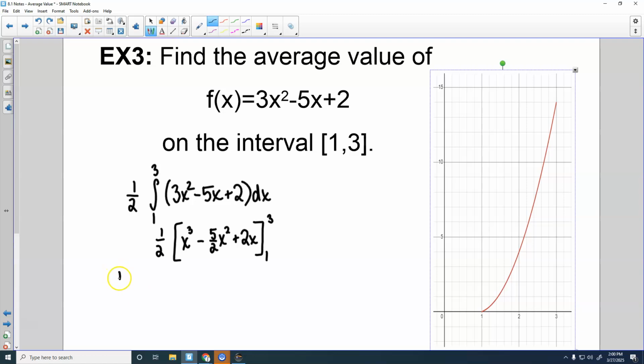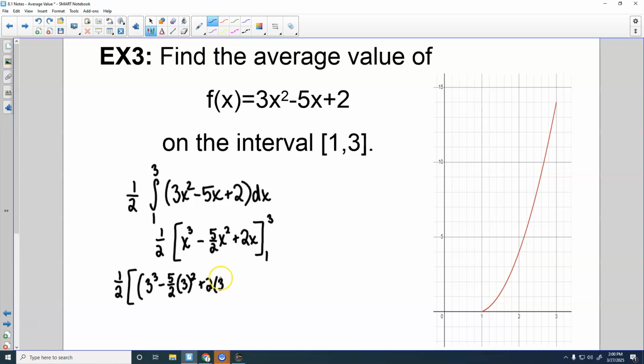So it will look like this. We'll have 3 cubed minus 5/2 times 3 squared plus 2 times 3, minus 1 cubed minus 5/2 times 1 plus 2 times 1.